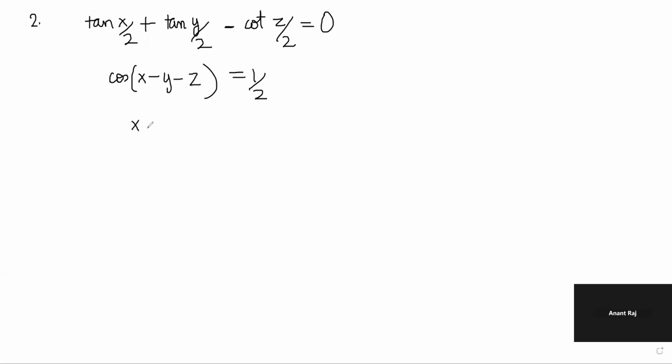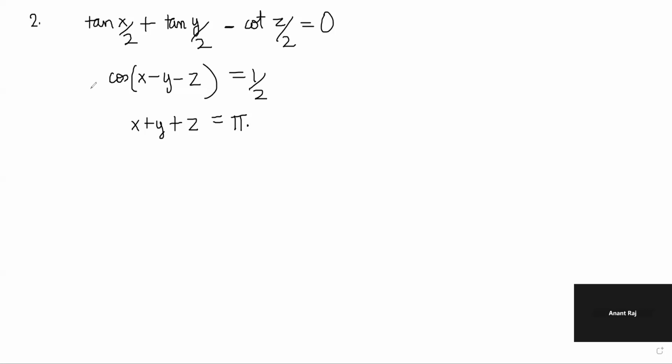And you have x plus y plus z is equal to pi. So we have x minus y minus z equals half and x plus y plus z equals pi. So we can't have x minus y minus z in the third or fourth quadrant. It has to be either in the second or first quadrant.